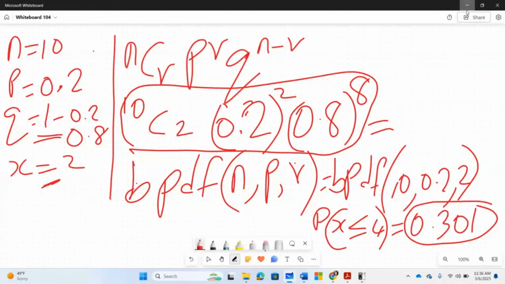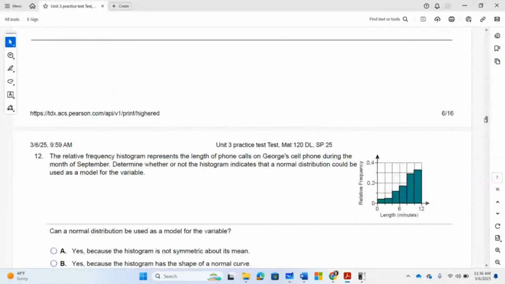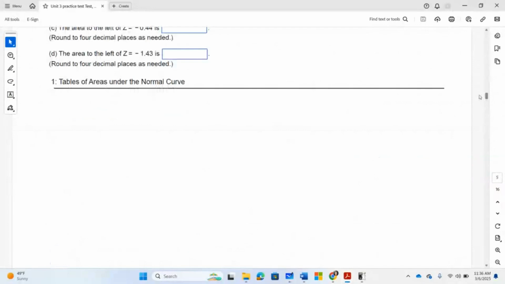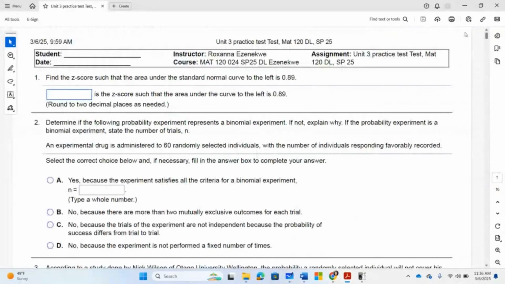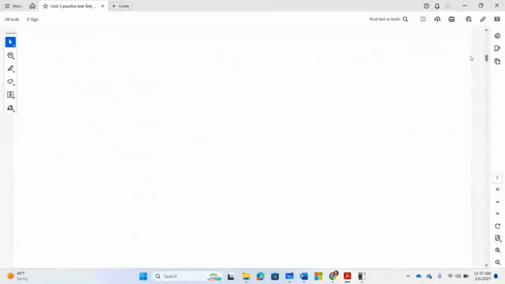Okay. So I'm going to arrow down and find a question. This is the practice test I put in there. The practice test is already in Blackboard. So I'm looking for a question in discrete random variable, discrete probability distribution.